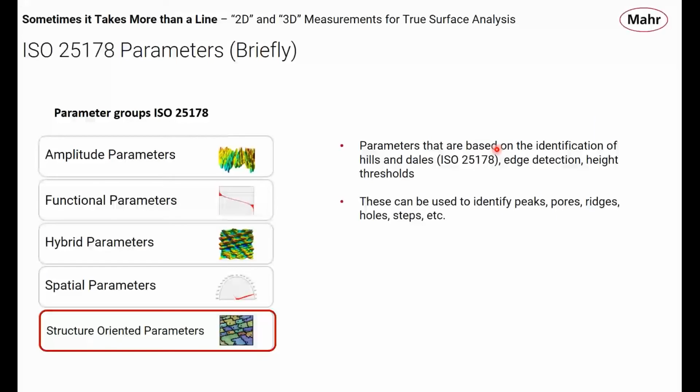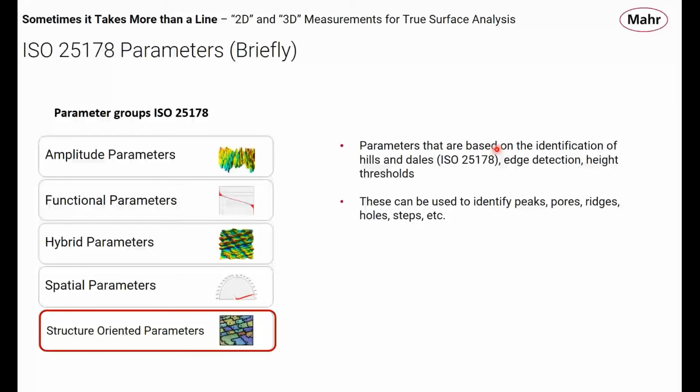Final parameter grouping are structure-oriented parameters. These are based, in a nutshell, on fundamentally identifying hills and dales on our surface, as well as some edge detection and thresholding. So it's looking for individual features and automatically identifying and isolating them so that we can analyze them.